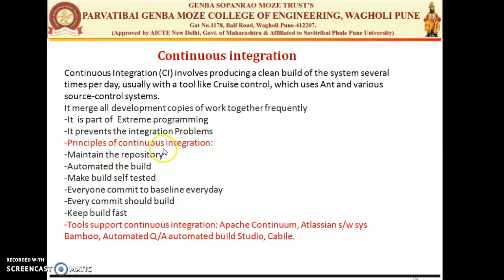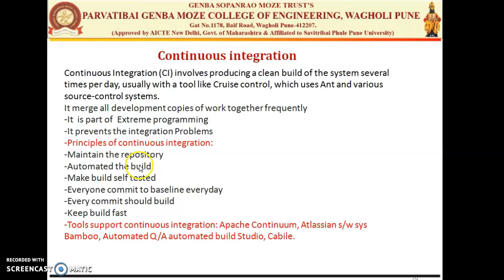The principle of continuous integration is to maintain a repository, a main repository where each and every piece of code by every developer gets committed and added frequently, whenever they commit the code.